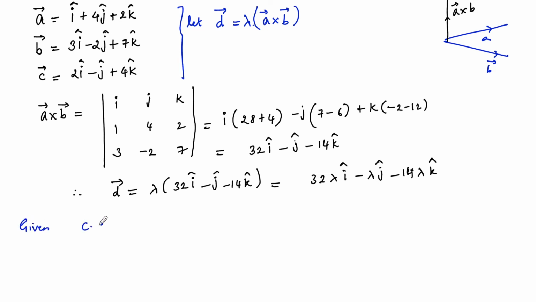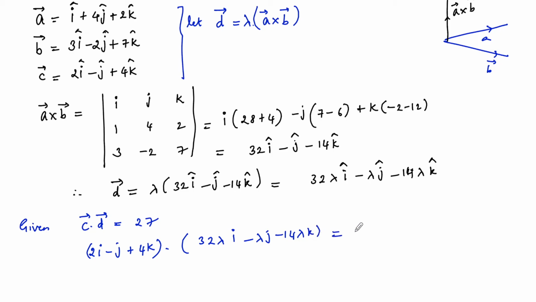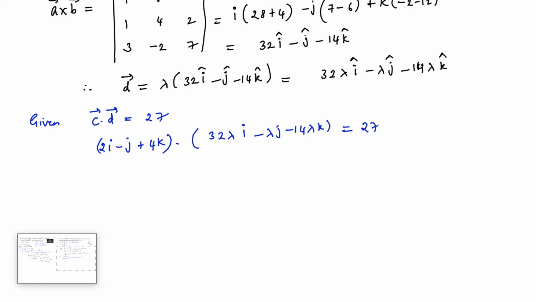So given C dot D is equal to 27, so we can consider 2i minus j plus 4k dot product with D vector, that is 32 lambda of i minus lambda of j minus 14 lambda of k, which is equal to 27.